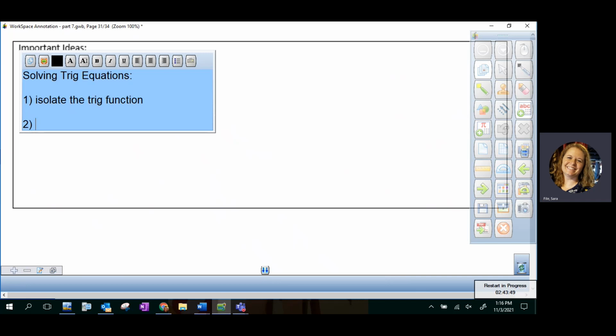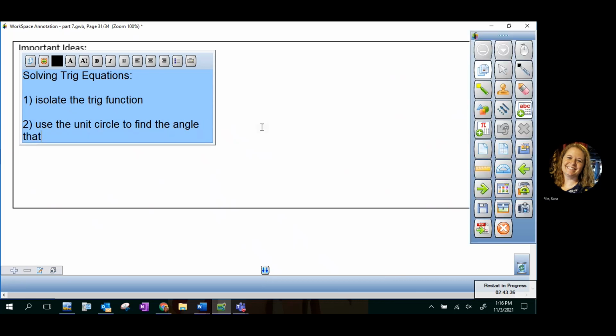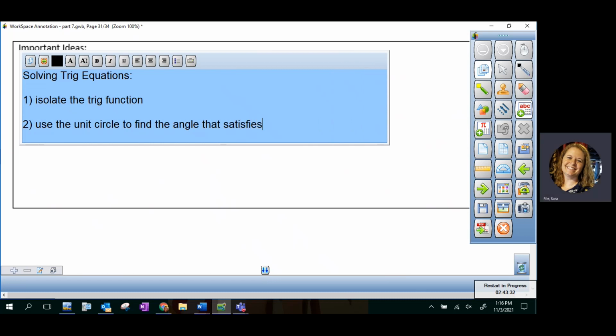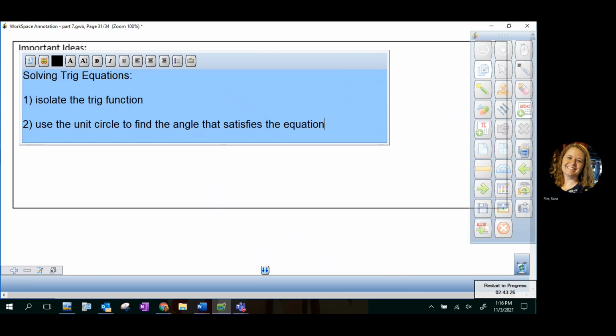The next thing we'll want to do is use the unit circle to find the angle that satisfies the equation. Satisfies the equation means makes it true. Do that.